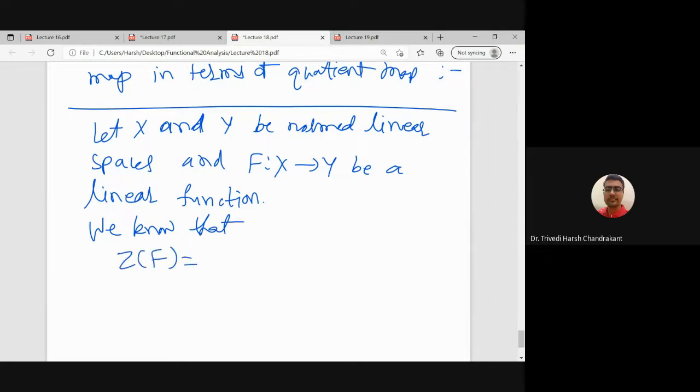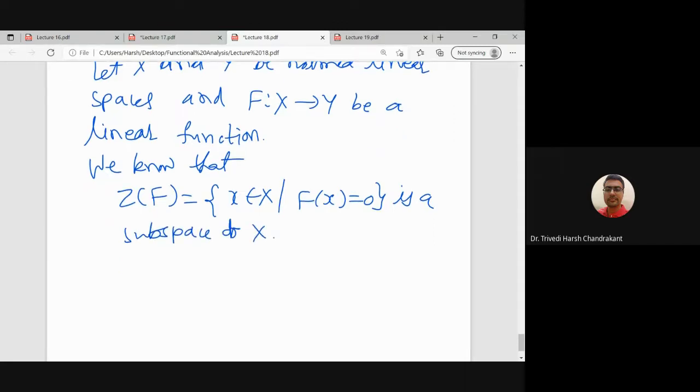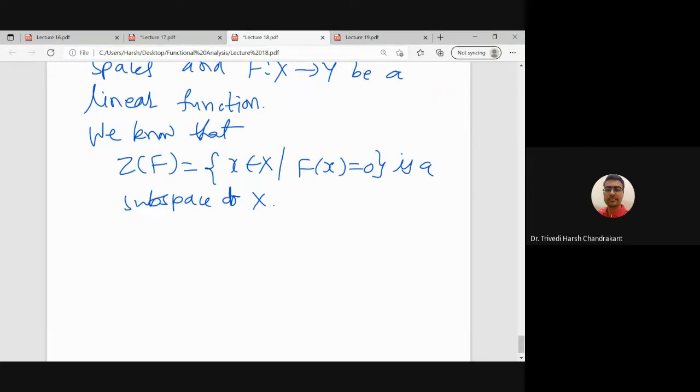Z(f) is the set of all x in X such that fx is 0, a subspace of x. Every time it may not be a closed subspace.